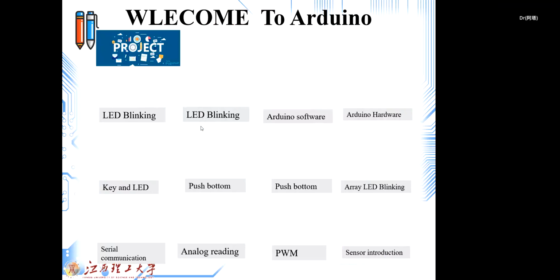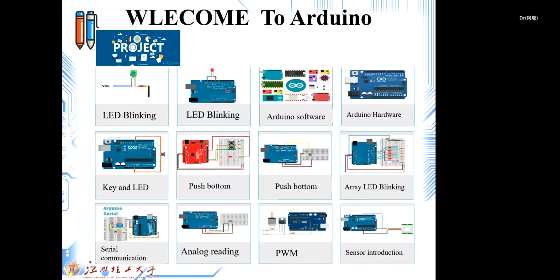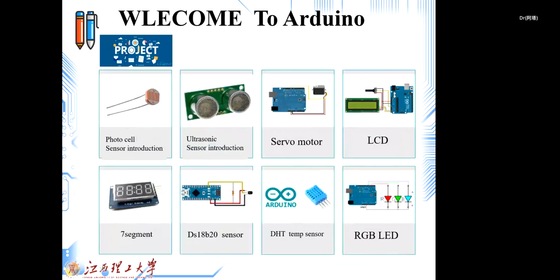First question: what can we do with an Arduino board? The first answer is lots of projects like these that you can see, from LED blinking to hardware parts, LED array, push button, key and serial communication, analog reading, PWM, sensor introduction. These are the parts that we will see.